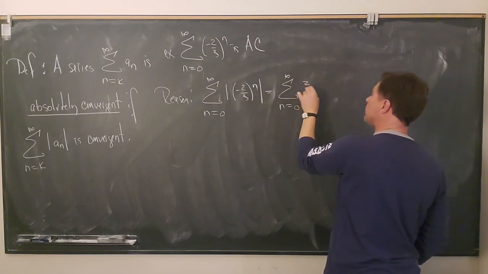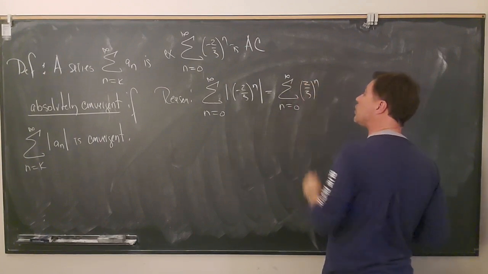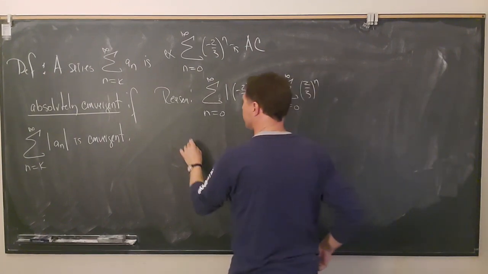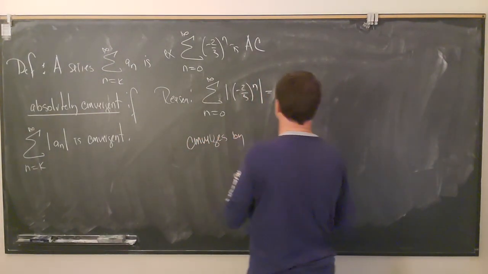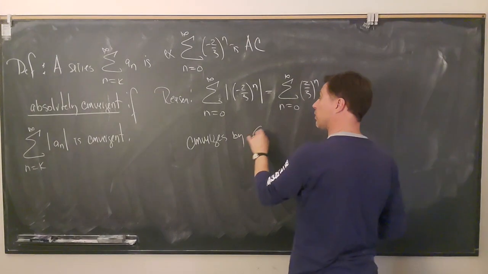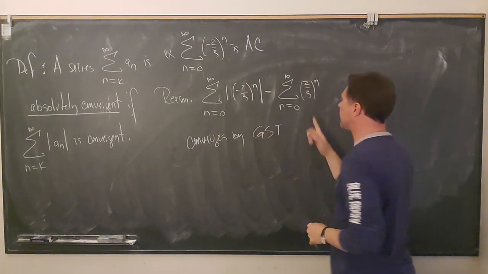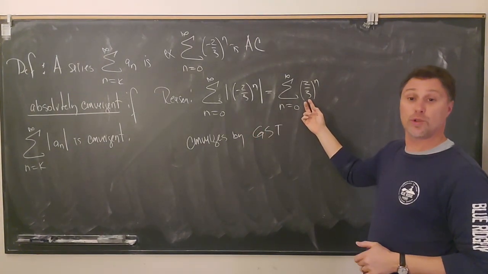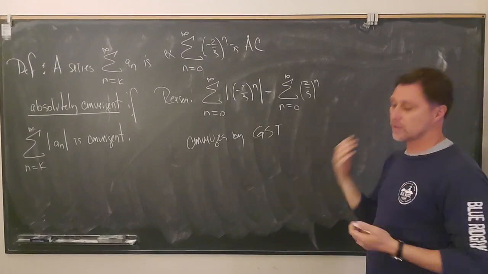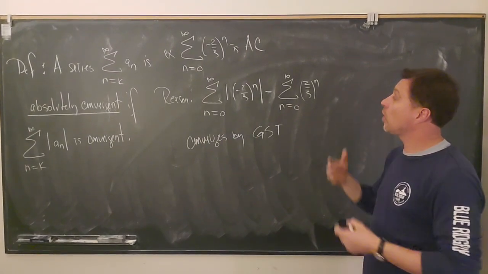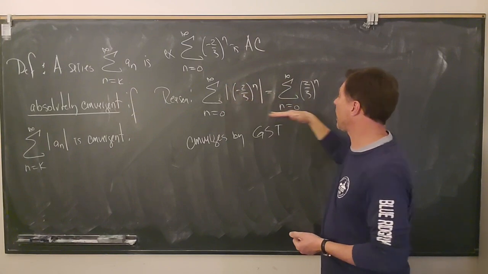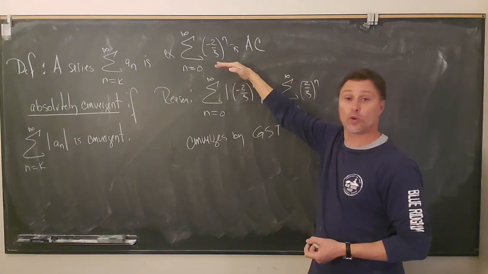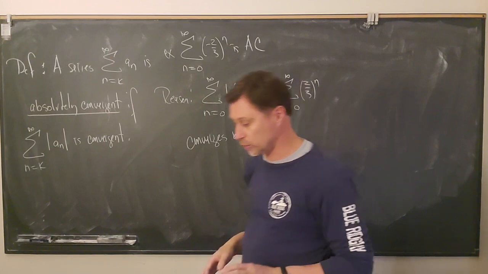So that'll give me 2/3 to the n, which we know converges by, well, this is a convergent geometric series, so it converges by the geometric series test because that number right there, 2/3, has absolute value less than 1. So because the series that we get when we put absolute value bars around it converges, we conclude that the original series is absolutely convergent.